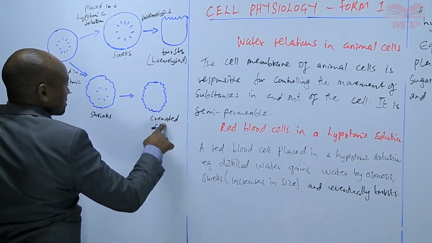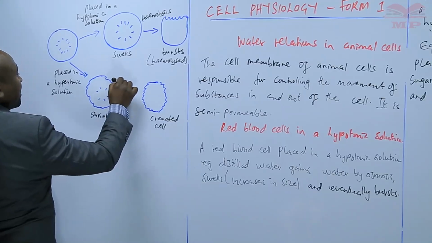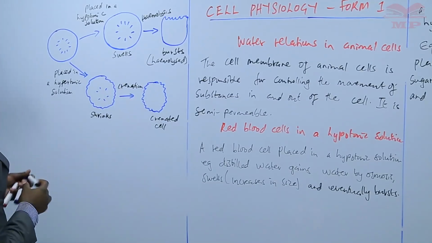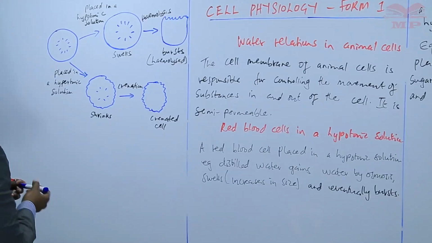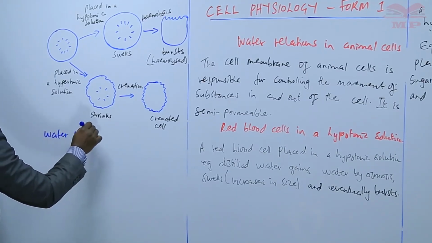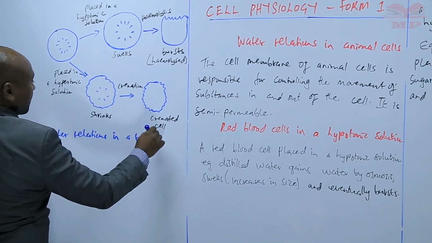So that process is what we are calling crenation. So the diagram shows the water relations in a red blood cell.